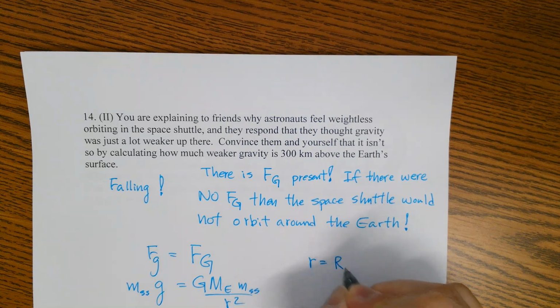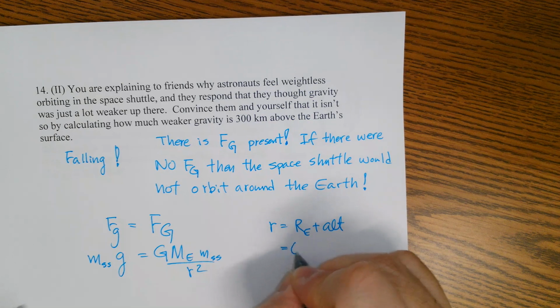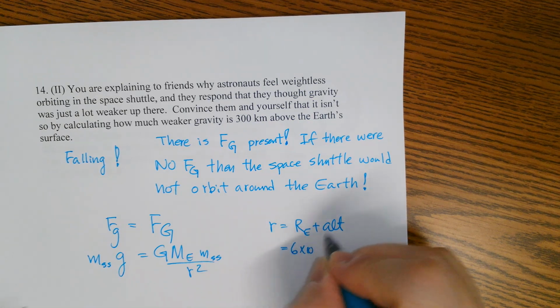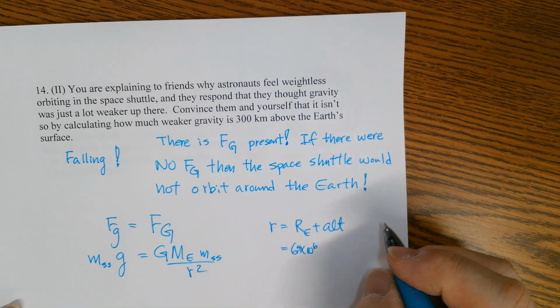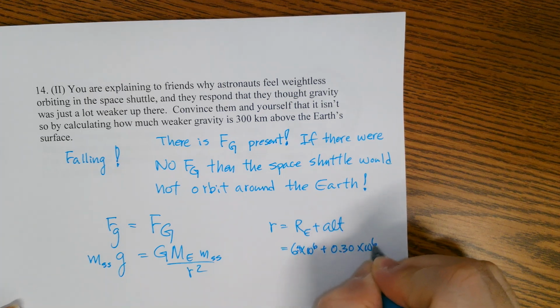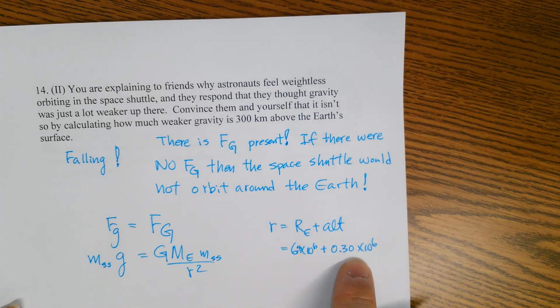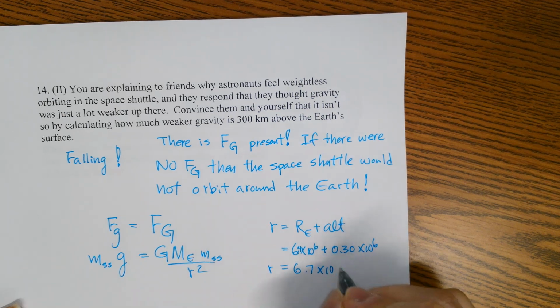R is equal to the radius of the Earth plus the altitude, which is 6.4 times 10 to the 6 plus 0.3 times 10 to the 6. That's the altitude. So R is equal to 6.7 times 10 to the 6 meters.